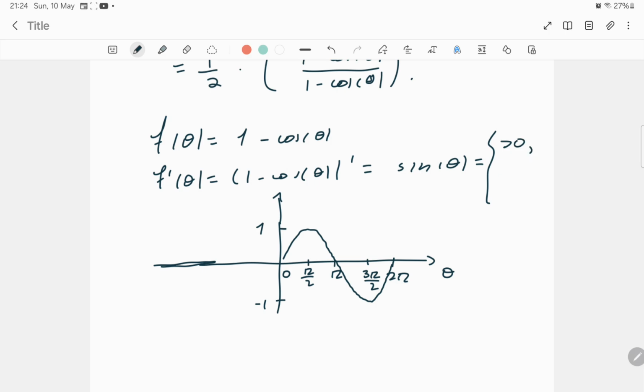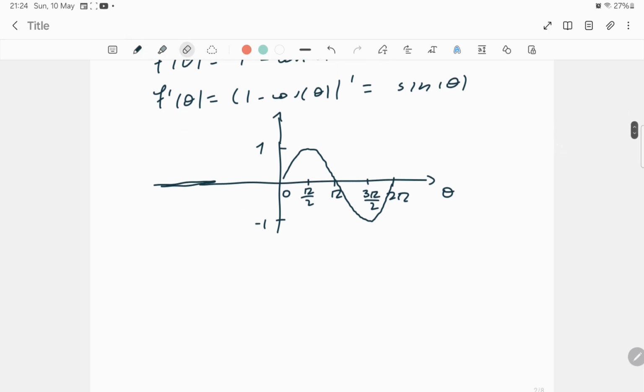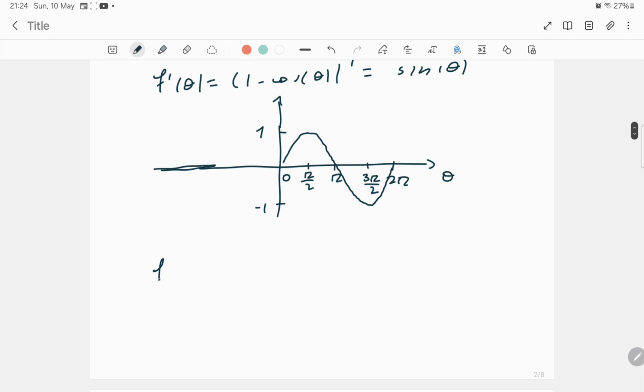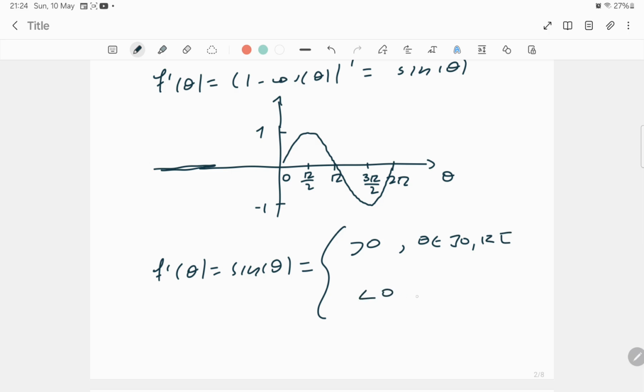So let me continue here: f prime of theta is sine theta. Positive when theta belongs between 0 and pi, and is negative when theta belongs between pi and 2 pi.